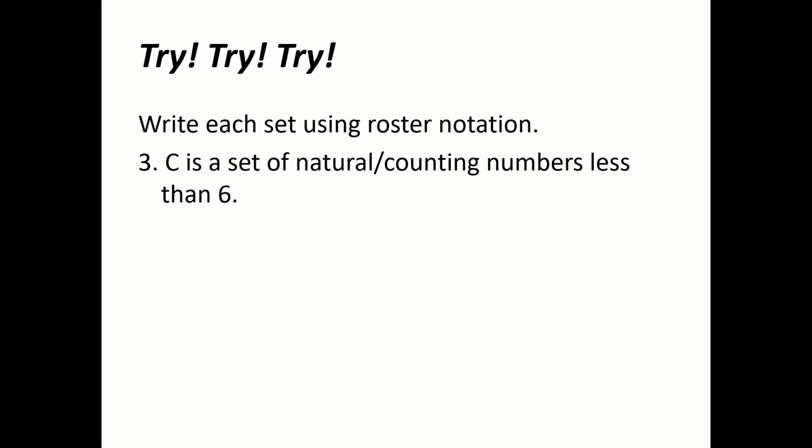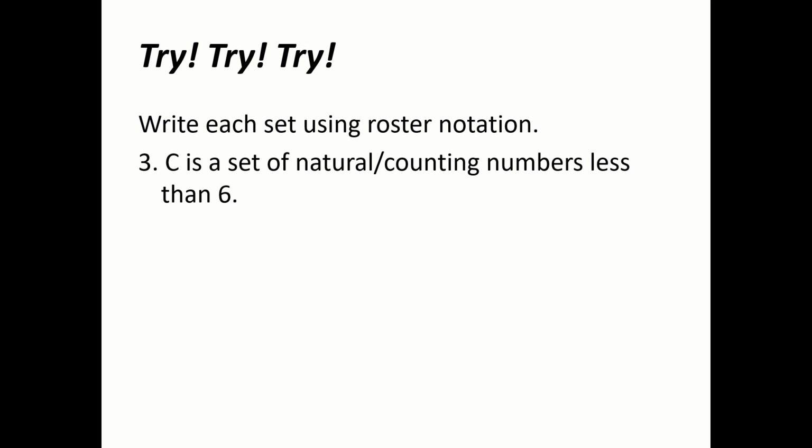Okay, let's have a third example. Since we've already talked about numbers from the previous modules, or even when you were still in grade school, we can answer this already. C is a set of natural or counting numbers less than 6.